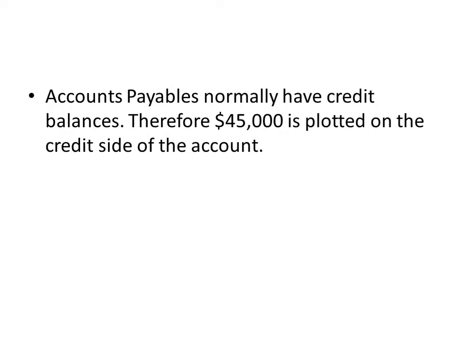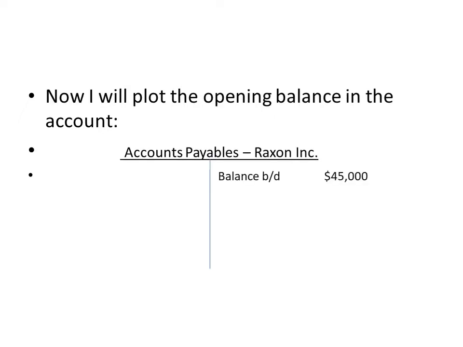So as I explained earlier, accounts payable normally have the opening balance on the credit side of the account. So this $45,000 is plotted on the credit side of the account. So now you can see that the opening balance is plotted in the account of Rexon Incorporated.